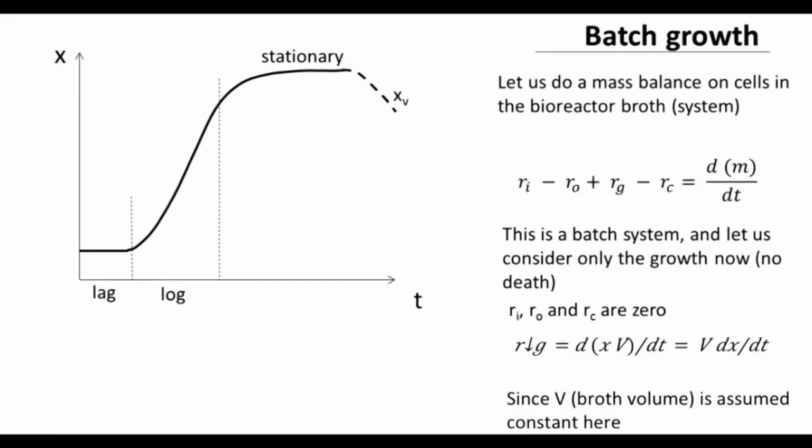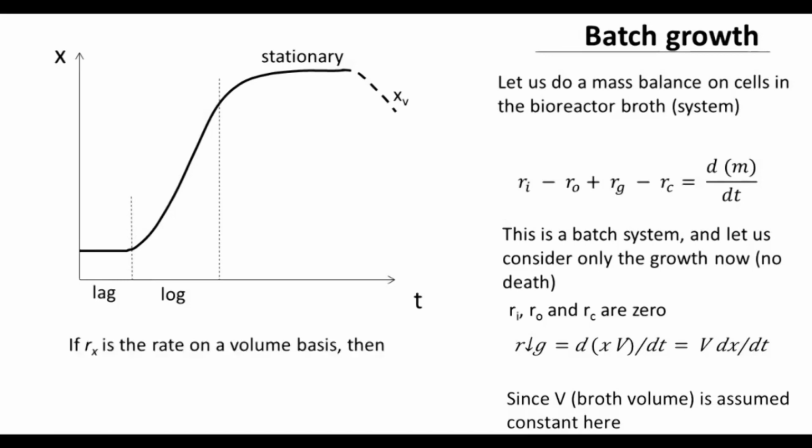And in the case of batch growth, there is no change in the volume of the batch, right? There's no addition, there's no depletion or taking away things from the batch, and therefore volume remains constant. If volume is a constant, it's not going to change with time, and therefore V can be taken out as a constant out of this derivative, and it becomes V times dx/dt.